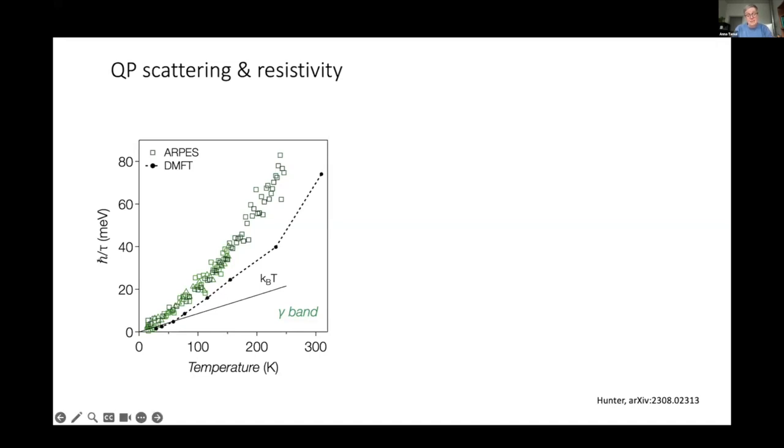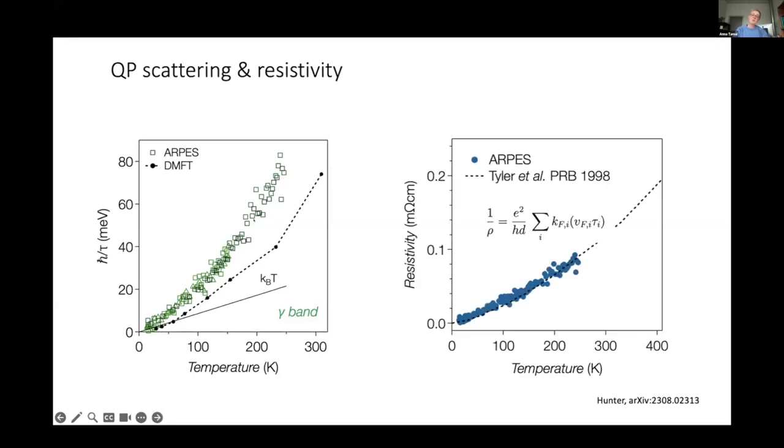This quasi-particle lifetime actually reproduces quite well the temperature dependence of the resistivity. So we used the quasi-particle lifetime to calculate the conductivity, and these are the experimental values from ARPES overplotted over the resistivity. What we are comparing here is also what the DMFT finds. DMFT seems to find a slightly smaller quasi-particle lifetime than experiment.